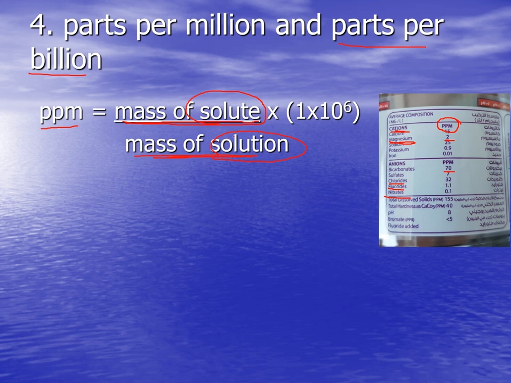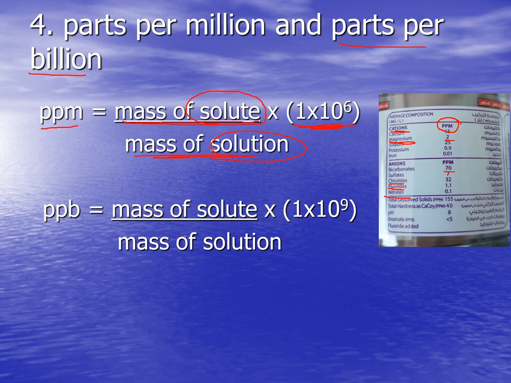And obviously that would give you a very small number if there's very little of it there, because the solute, the numerator here, would be very small, and the denominator, the solution, would be quite big. So to express that in a more workable number, we multiply it by a million. If it's even smaller, we can multiply it by a billion, and that'll tell us how many parts or particles of the solute there are per every billion parts of the solution.